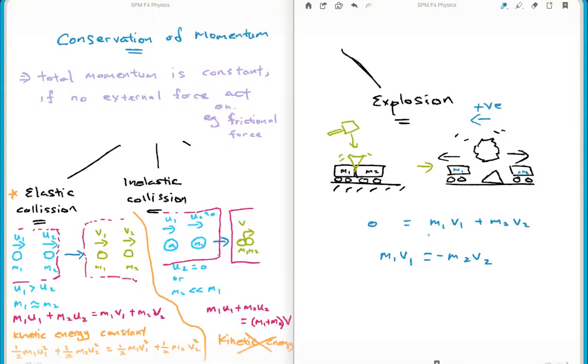You need to read through the applications because they come out in Paper 3 sometimes, or Paper 2. A rocket, how does it work? And also a jet engine: how the air is sucked into it, combustion, and then explosion, high-speed exhaust, and those exercises.